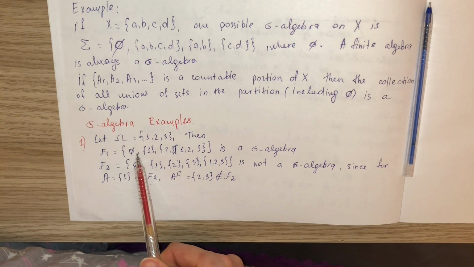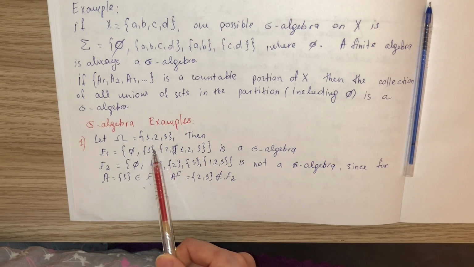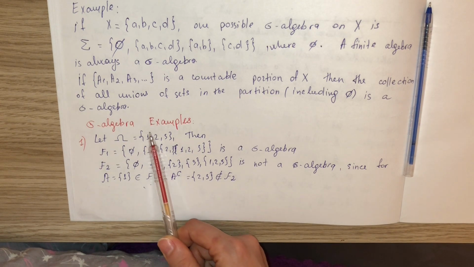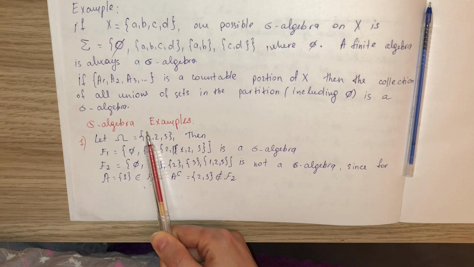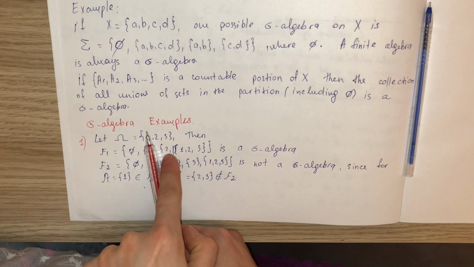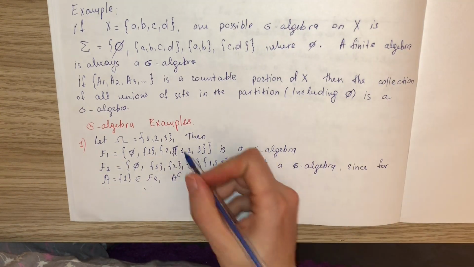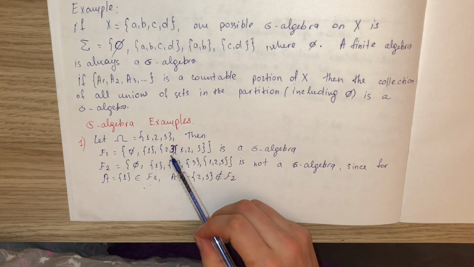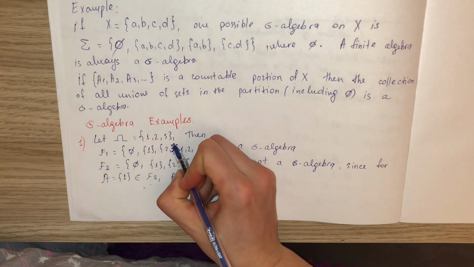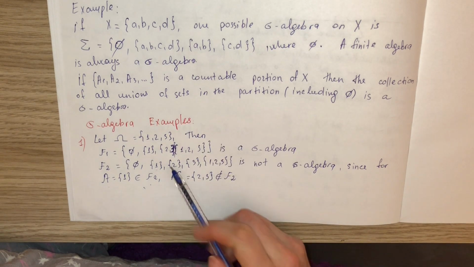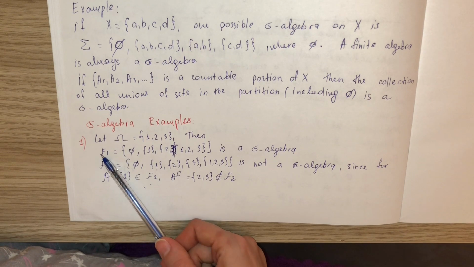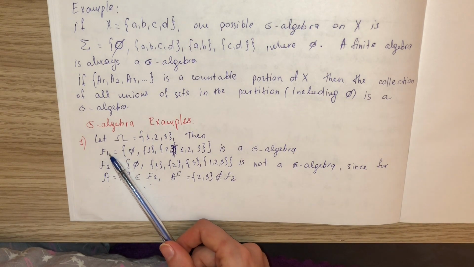Look at the first example. We denoted {1} is a subset of F1. If we subtract 1 from this set, we will get {2, 3}, and {2, 3} is an element of F1.